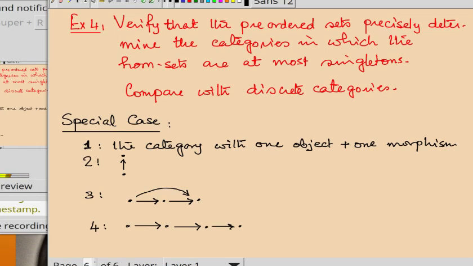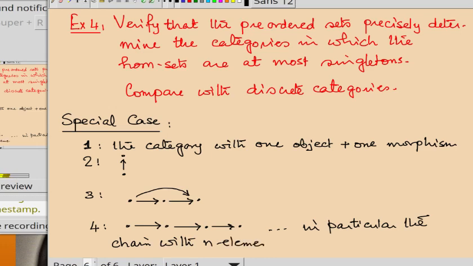So in particular, the chain with n elements provides the category n. Okay, and so on.